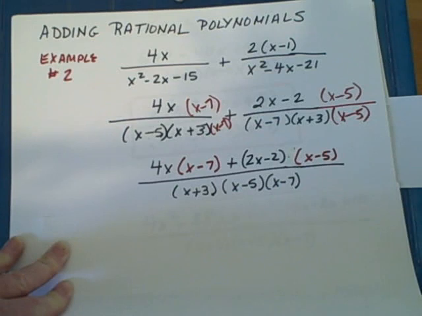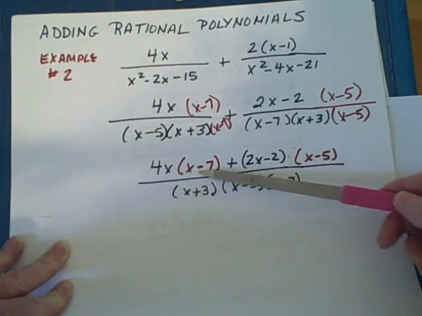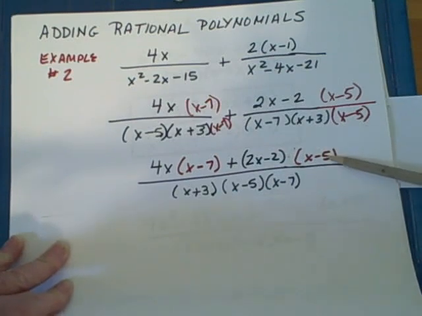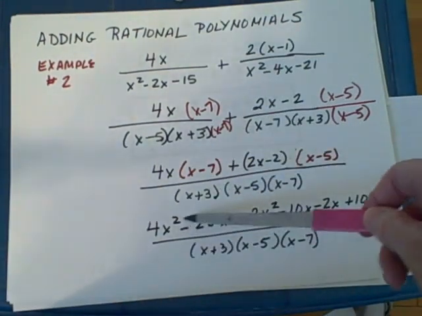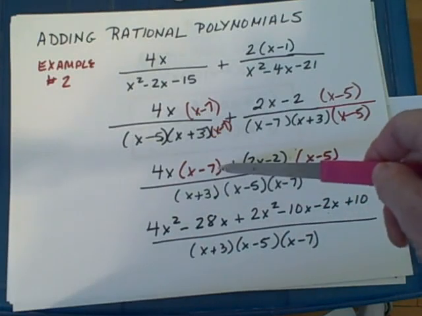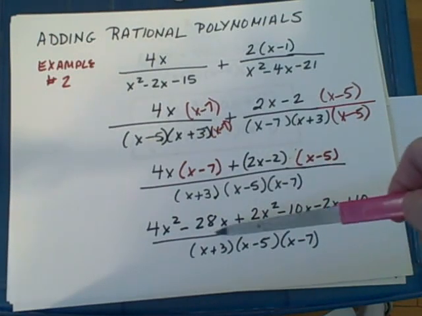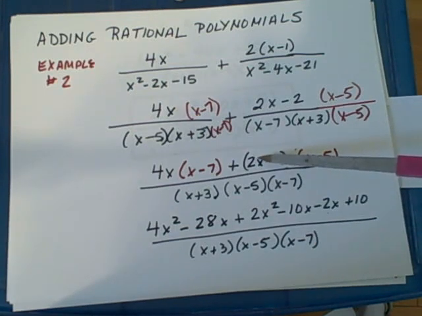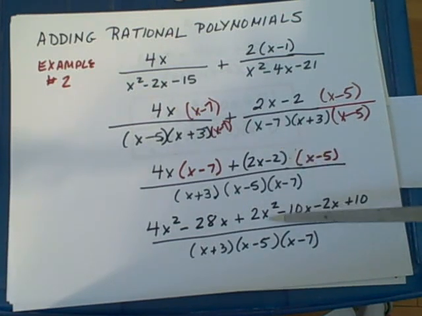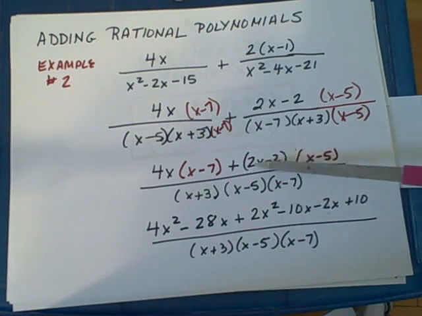Now that we get to this next step, we multiply in and multiply these two binomials together. 4x times x gives me 4x squared. 4x times negative 7 gives me negative 28x. Then we have to do our distributive property. 2x times x gives me 2x squared. 2x times negative 5 gives me negative 10x.